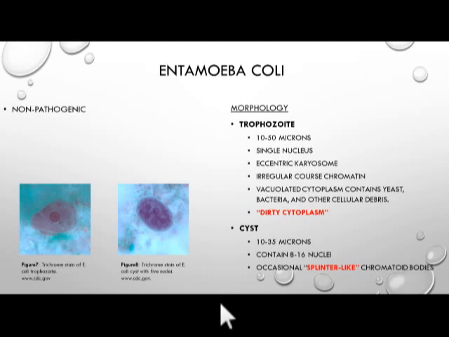So one of the quick giveaways of distinguishing it from the previous two organisms is the number of nuclei present in Entamoeba coli. It also has occasional splinter-like chromatid bodies. So it's not going to have that rhombus rod shape like Entamoeba hartmanni or Entamoeba histolytica, but more of a splinter-like chromatid body if present.